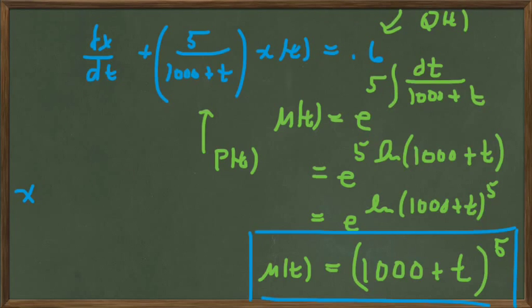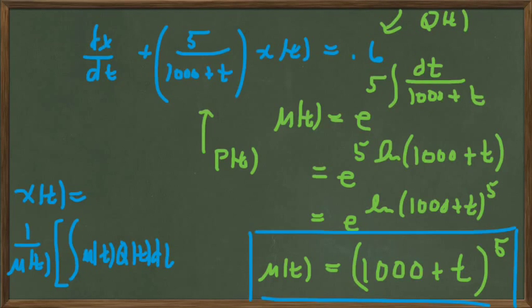So we'll finish this on the next blackboard, but remember x of t is going to be 1 over mu of t, bracket, integral of mu of t q of t dt plus c. And so what does that give us? X of t, 1 over mu of t just changes the power to negative, so that's 1,000 plus t to the minus 5th power.